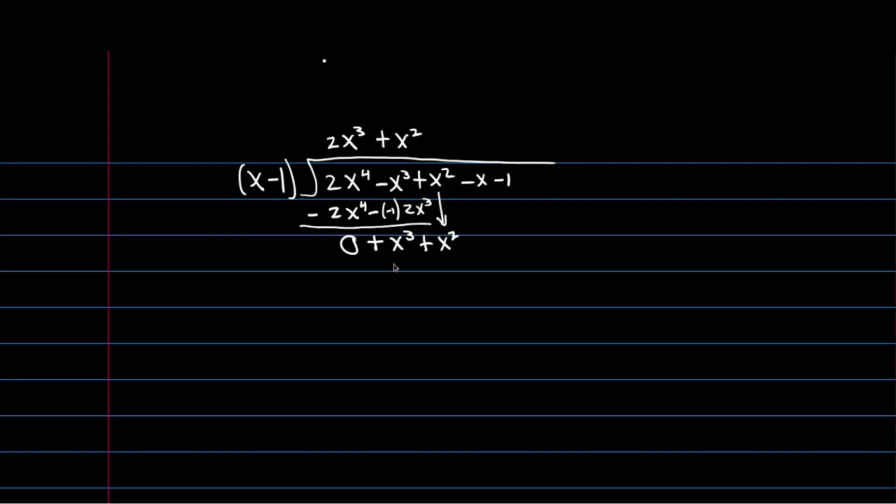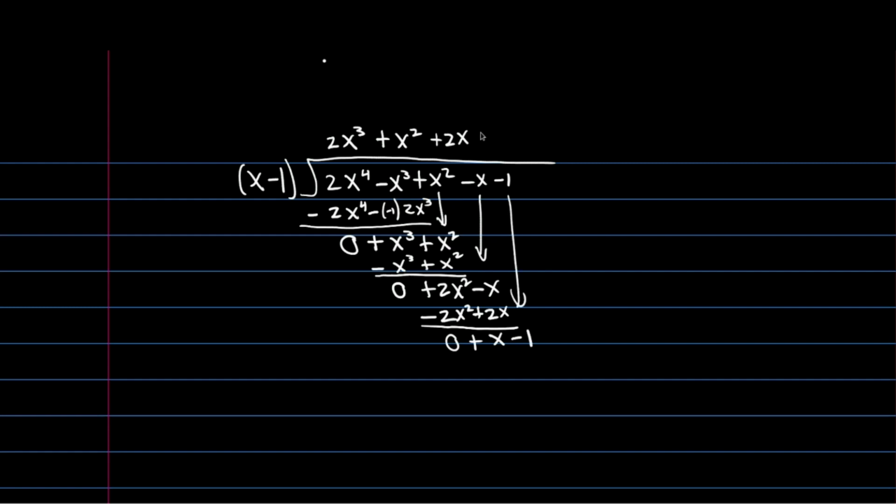X minus 1 goes into x cubed, x squared times, 0 plus 2x squared. Once again, 2x, and we see that this is plus 1 minus x plus 1, 0.